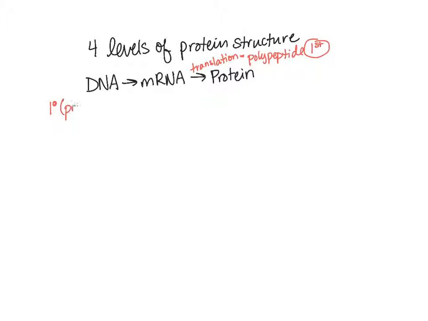So here we're talking about the primary protein structure. And this is just referring to the polypeptide. And remember that a polypeptide is just a sequence of amino acids bonded together.